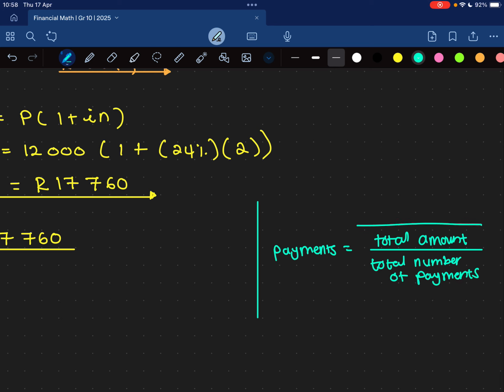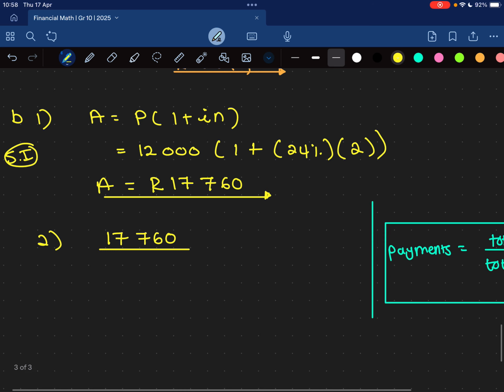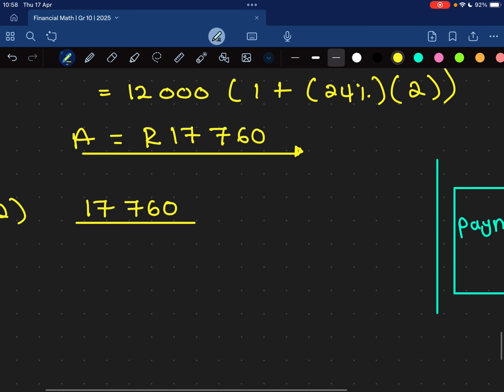Okay, so you don't have to necessarily learn this, but it's just a helpful way for us to analyze how we're going to work this out. If the total amount is 17,600, now we need to ask ourselves, how many payments does she actually make? It says in the question that she wants to pay it off monthly, but we can't use 12 because she does it for 2 years.